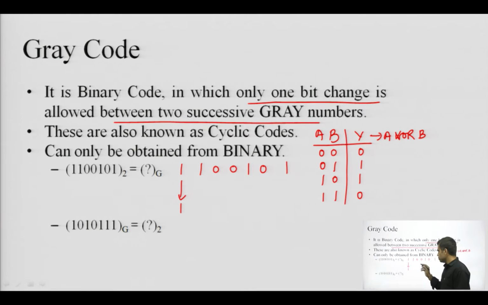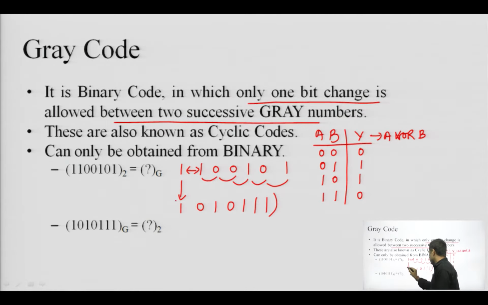Which are these two inputs? So, if I perform the XOR of these two, 1 and 1, from this table of XOR gate, I can see that 1 and 1 will give me 0 output from an XOR gate. So, this 1 and 1 will give me a 0. Similarly, this 1 and 0 will give me a 1, 0 0 will give me 0, 0 1 will give me 1, 1 0 will give me 1, 0 1 will also give me a 1.